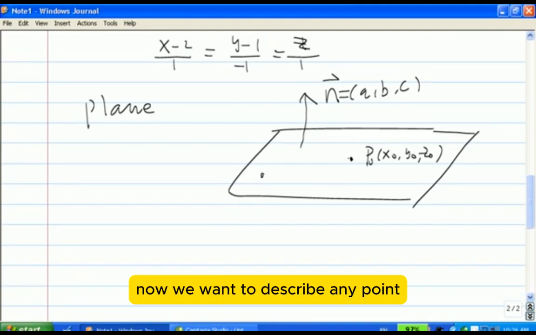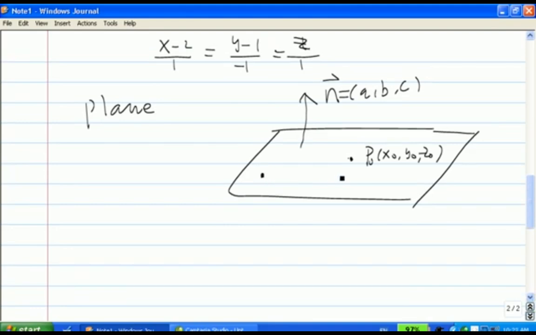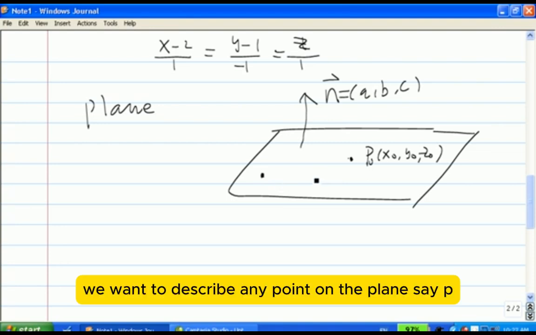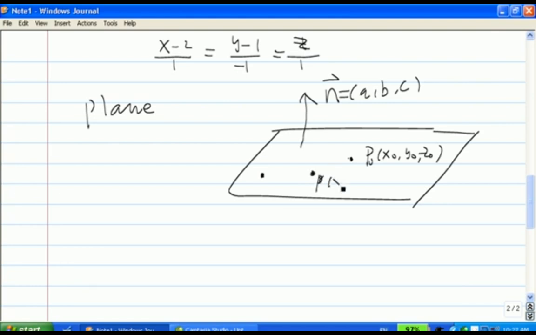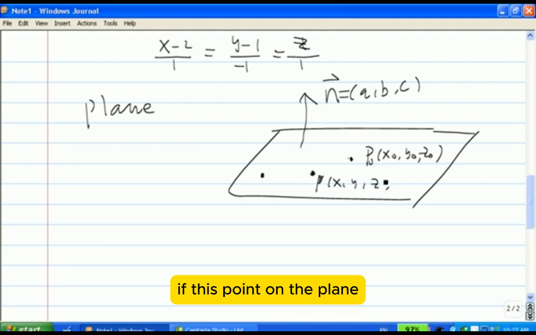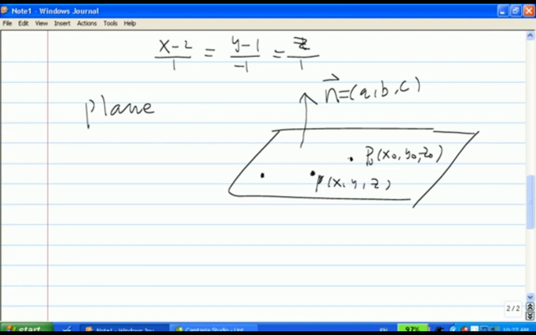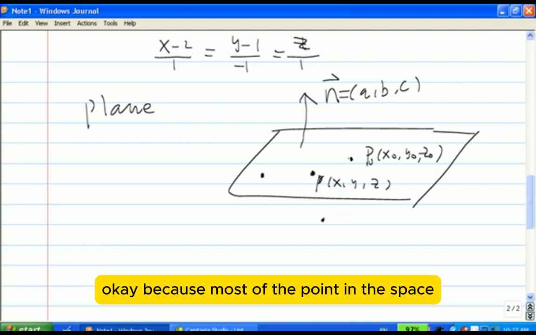Now we want to describe any point on the plane, say P, (x, y, z). If this point is on the plane, it must satisfy some equation, because most of the points in space will not be on this plane.